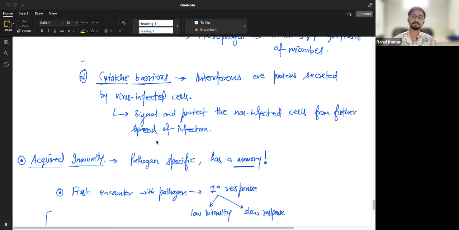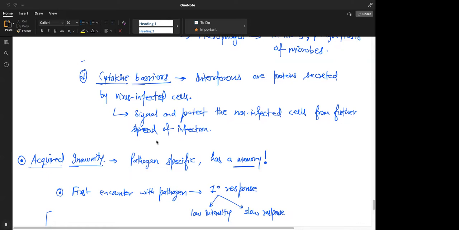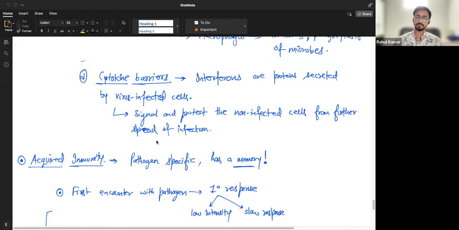Then we went to macrophages in tissues, which carry out phagocytosis of microbes. Phagocytosis is eating or degrading the microbes.